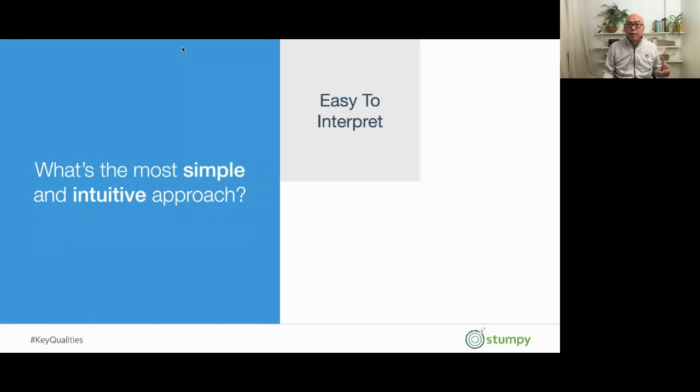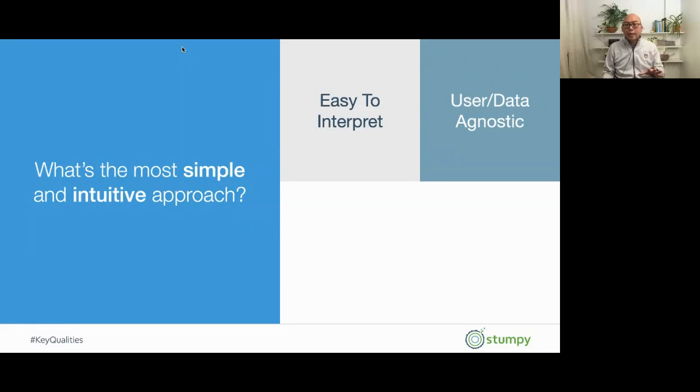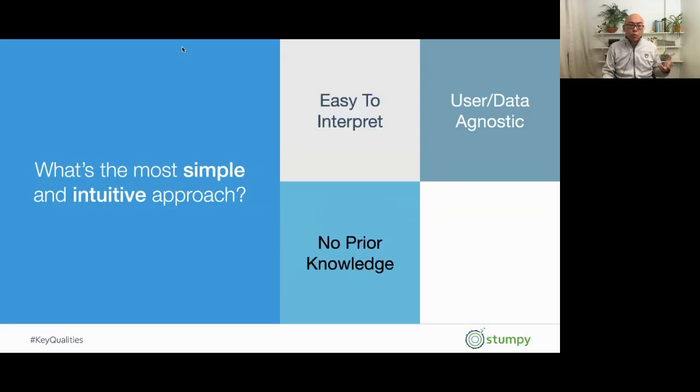Another thing is that the approach that we take must be user and data agnostic. That means that it can be generally applicable to any data set, but also that it doesn't require expertise to use this analysis method. Another key quality is for this approach to not require any prior knowledge.